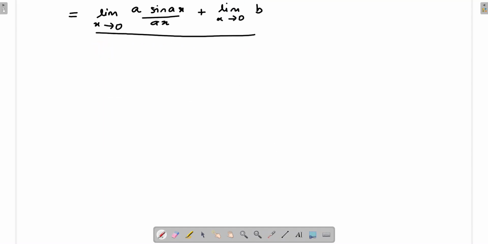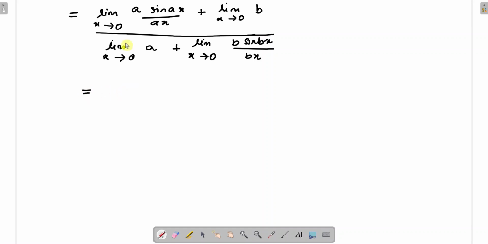Then similarly here in the denominator, limit x tends to 0 of a plus limit x tends to 0 of b sin bx divided by bx.